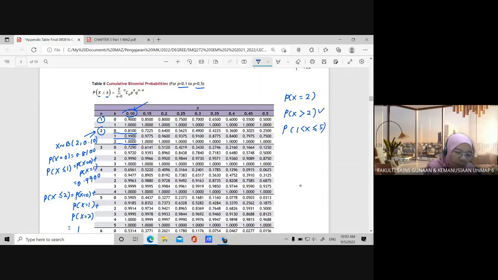All these require the table. But for a single value you can use your formula nCx p to the power of x q to the power of n minus x. For this particular case, you can use the formula.